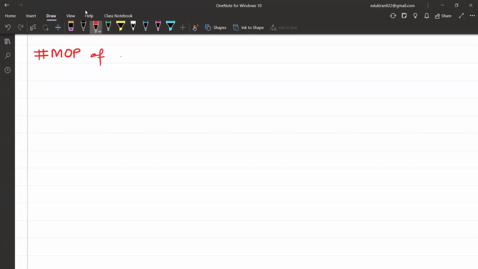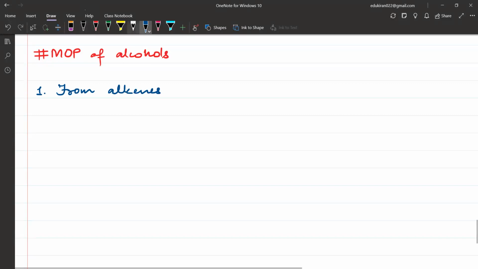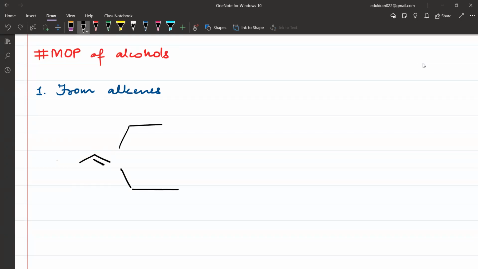Method of preparation of alcohols. In this, we have the first part, from alkenes. In alkenes, we will look at acid catalyzed hydration, and one thing known as hydroboration oxidation. There are two parts. So from alkenes, I can prepare alcohol by this method using two different reagents.